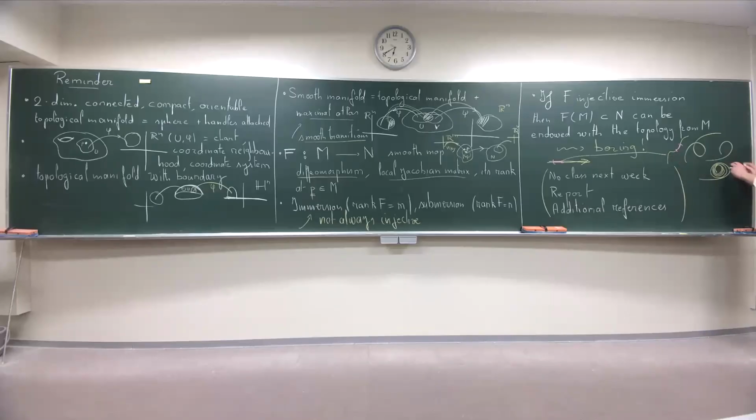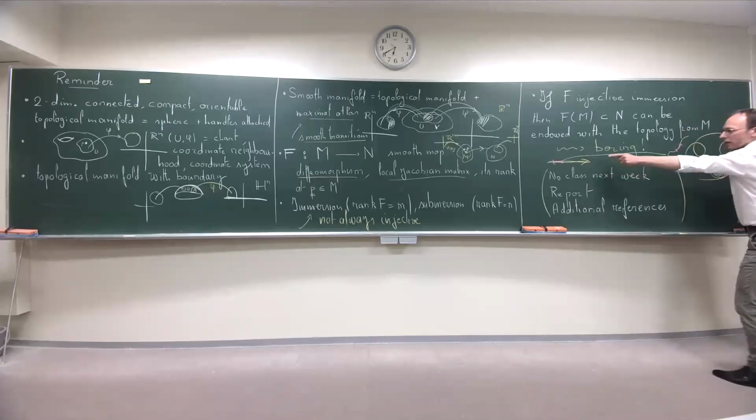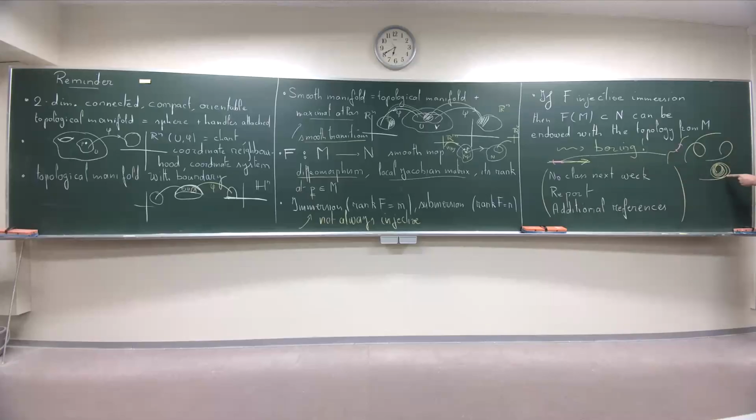If you just look at the topology inherited from this line to this, you don't really see the difference between both as long as it is injective. But of course, as a subset of R2, it's very different from this line. And this is the next notion I'm going to introduce. Do you have any question or remark?